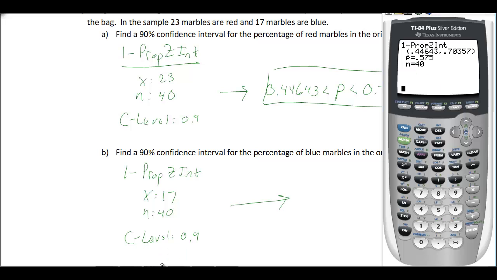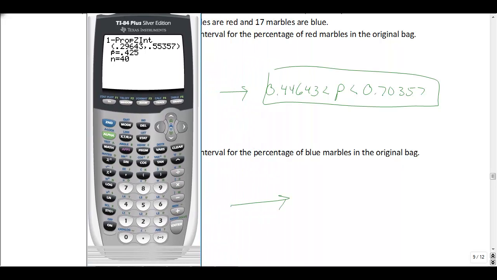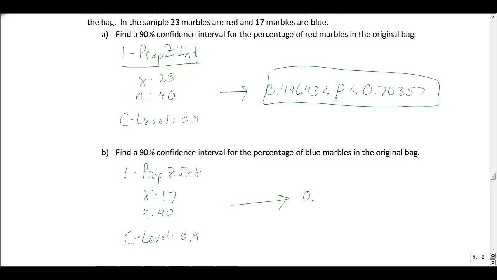Stat, test, forget what number it was, but it's actually A on this calculator anyway. So you change the 23 to a 17. Go to calculate. I get something a little bit different here. Note I've still got that wide range, but it's 0.29643 less than p less than 0.55357.